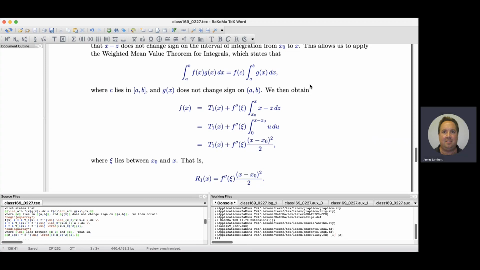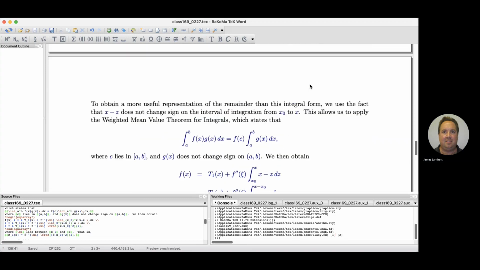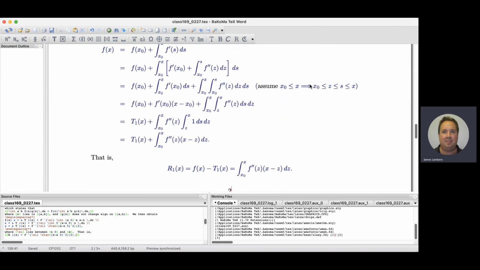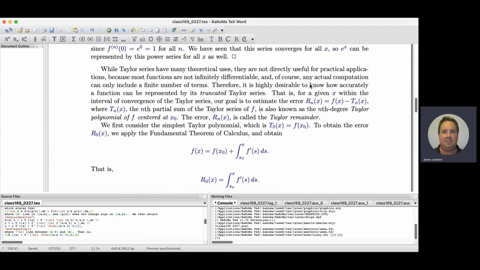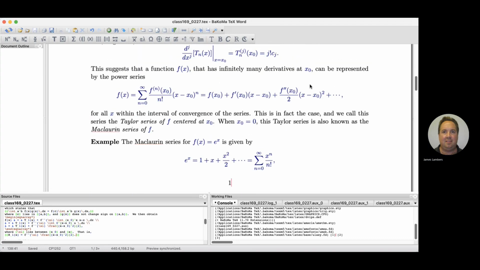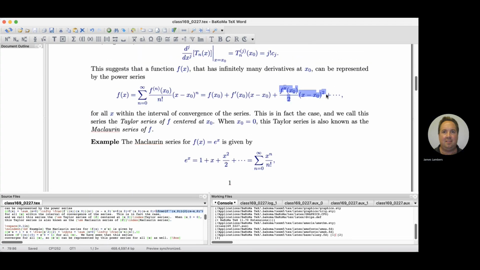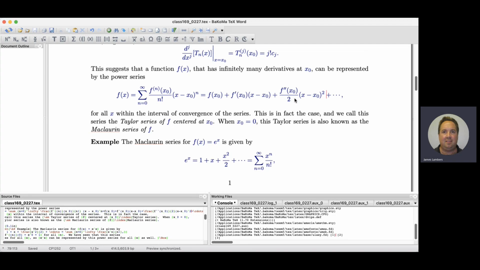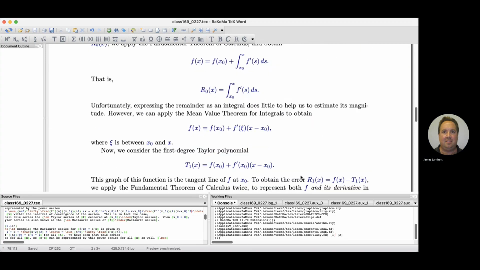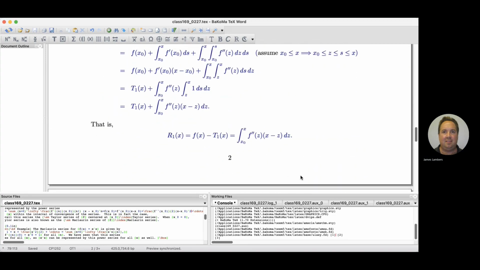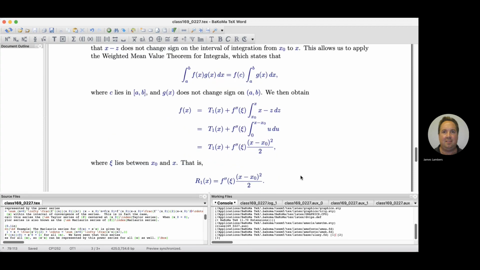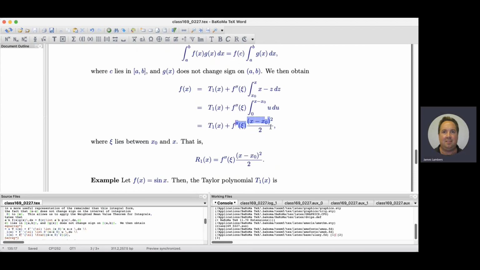If I go back to the general Taylor series that I wrote the first few terms of, this is the third term. And what you'll notice is that this is almost exactly the same as what we have here, except now the second derivative is evaluated at an unknown point.